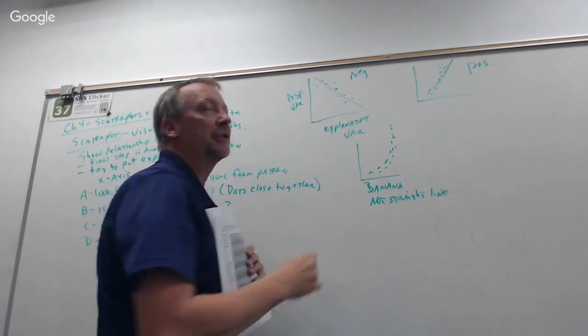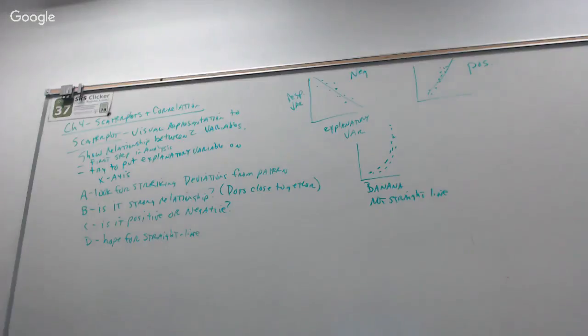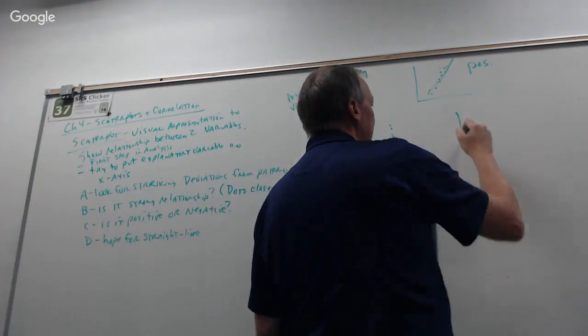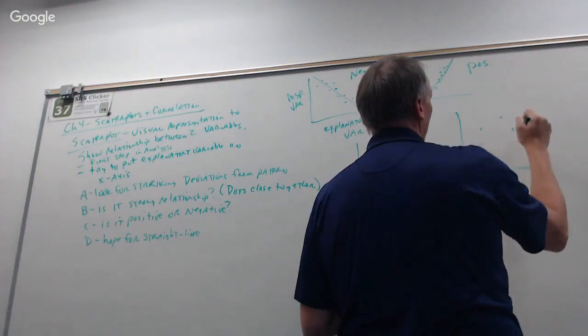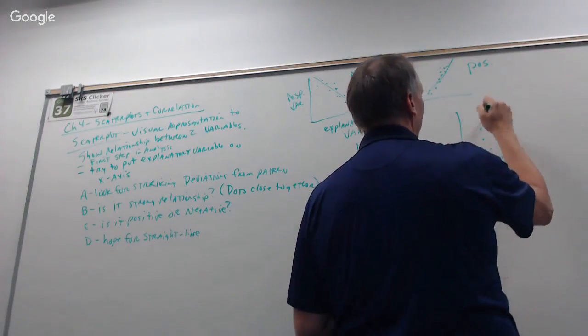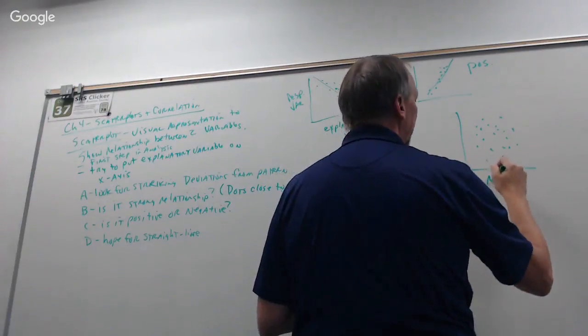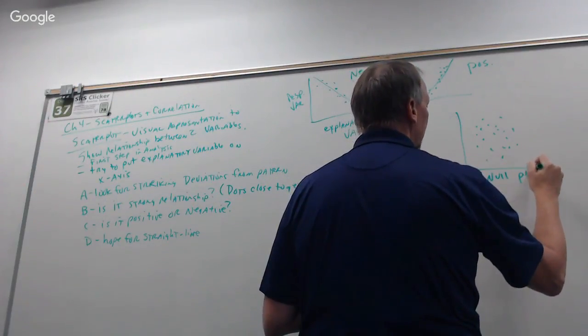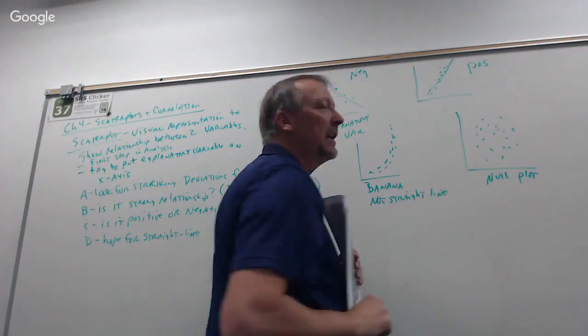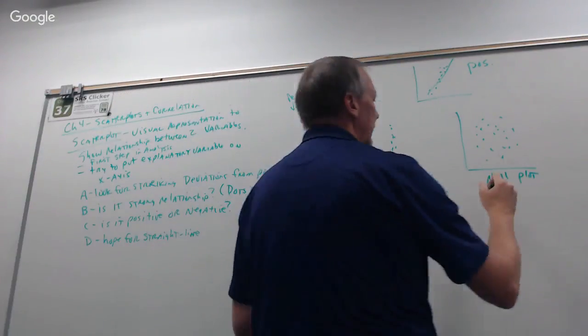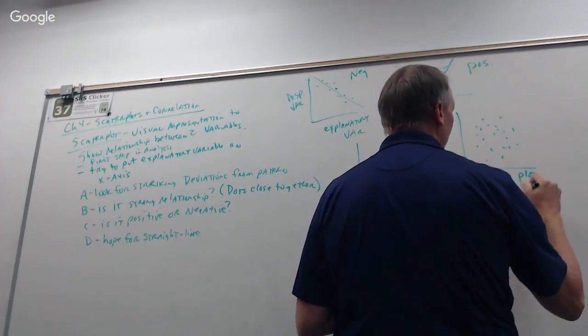I mean, you could draw a straight line, but you can see that there's definitely a curve there, right? Okay. You could also get something that has no real pattern. Okay. This would be an example of what we would call a null plot. And if you get a null plot, that indicates that there's no correlation.